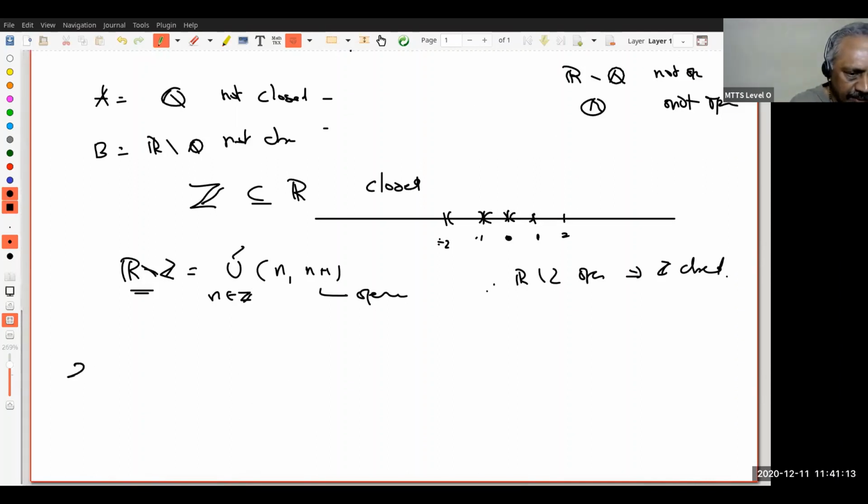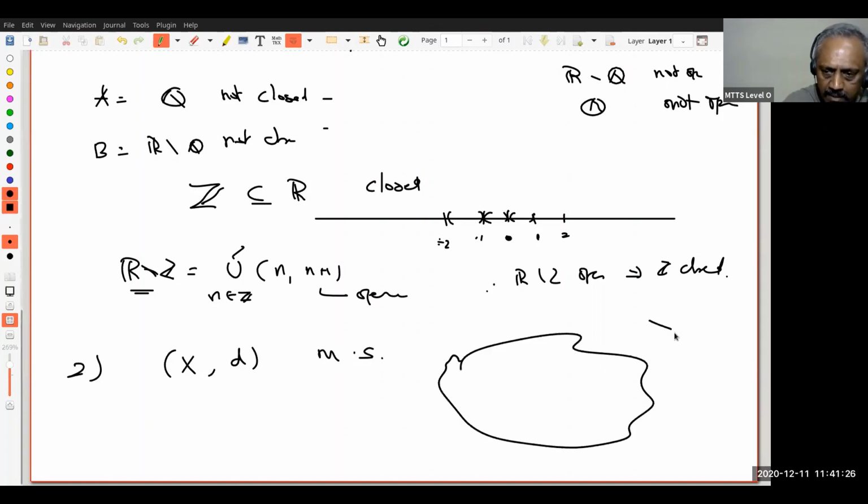Now, before we go further, let me look at a very abstract example. Let X be any metric space. I just want to see what happened here. Suppose this is my metric space and I have finitely many points.